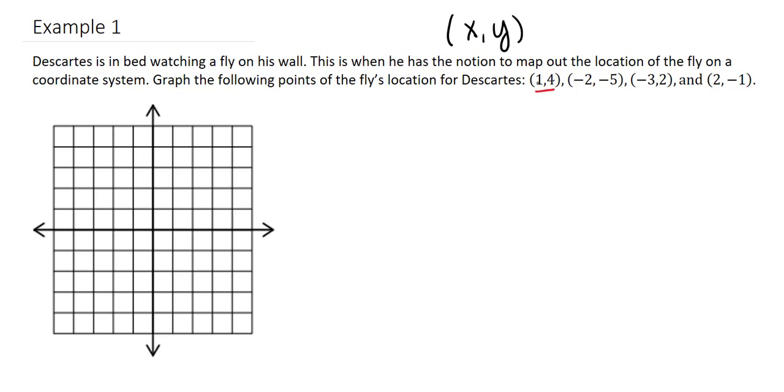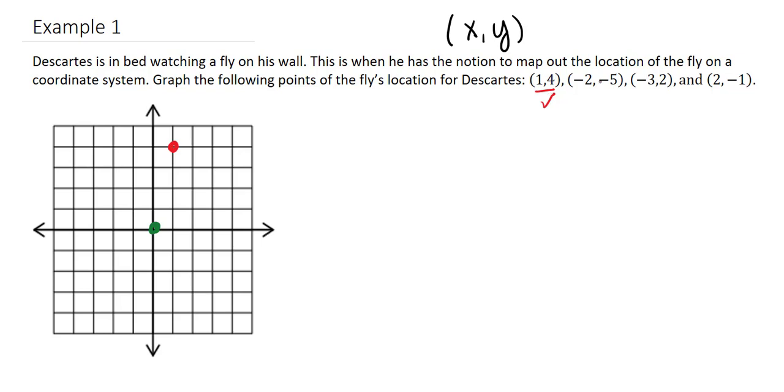The first thing we see is that this is positive 1, so we start at the origin. We go over 1 for the x, and then for y we need to go 4. So we go 1, 2, 3, 4. And we just place a dot right there. So we've done this one.